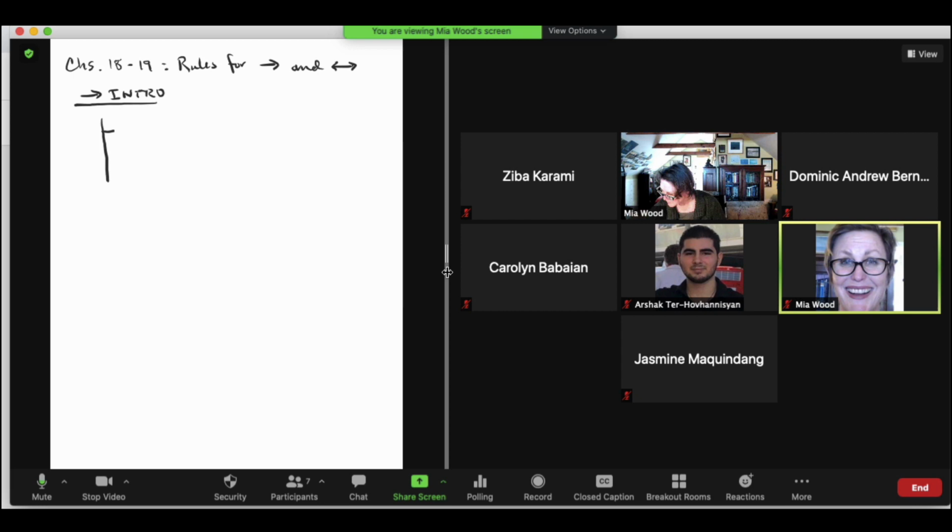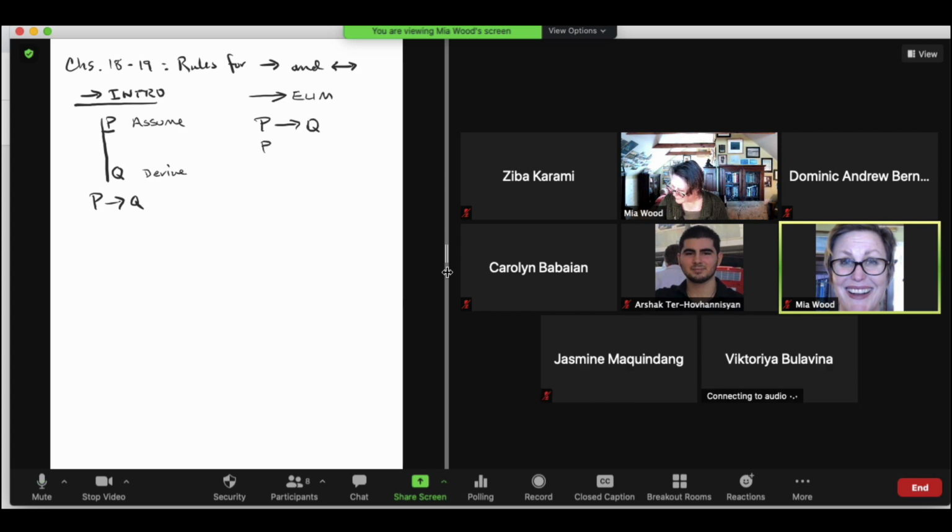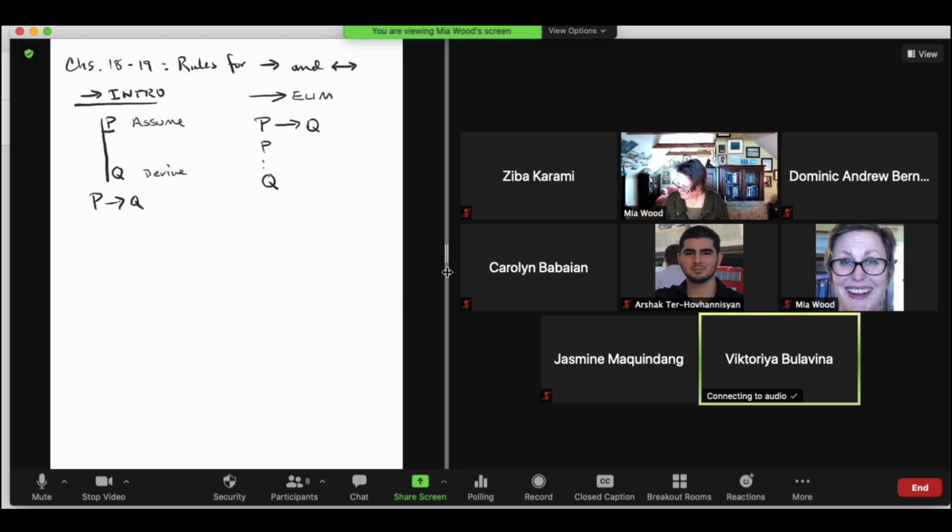So you assume P, derive Q, therefore if P then Q, right? So assume, derive. And then we have the conditional elim. If P then Q, P therefore Q.